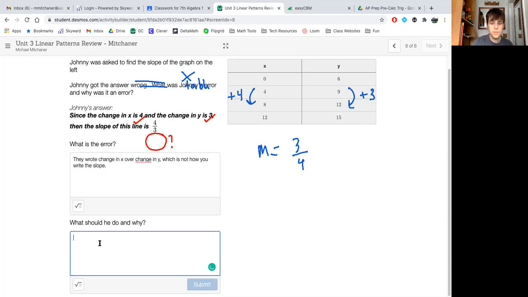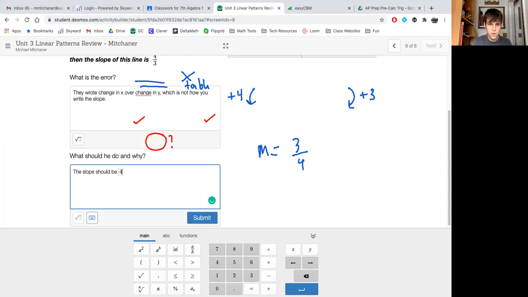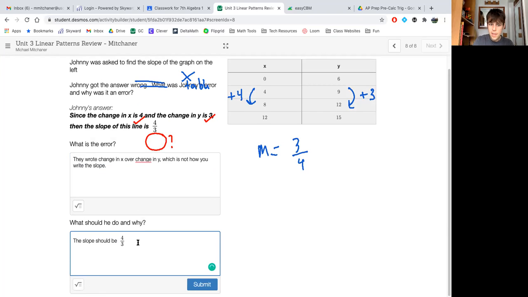What should he do? Okay, the slope should be 4 over 3. I could leave it that way, but I'm going to add just a little more, just further explanation, so that I'm sure that the person grading this knows that I understand what's going on.